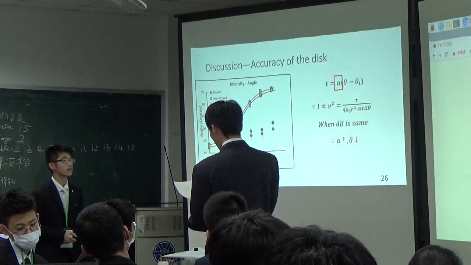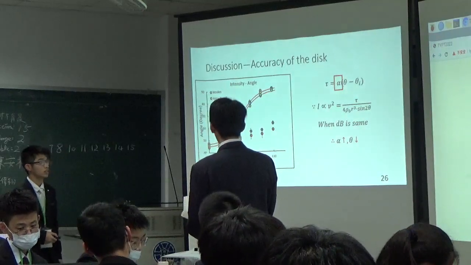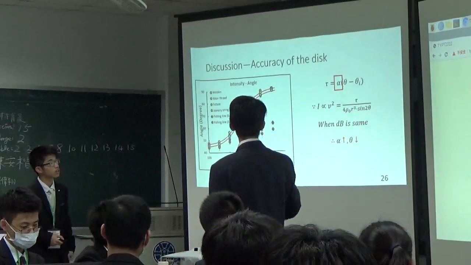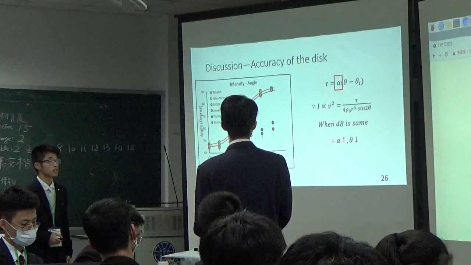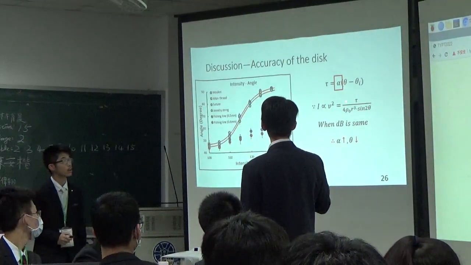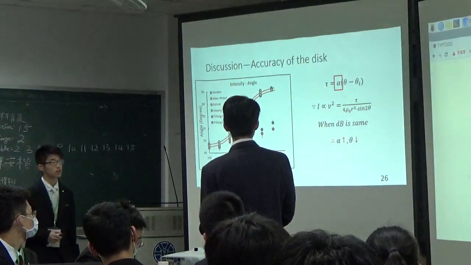Okay, so I want to discuss more about the accuracy of the disk. So the accuracy of the disk, you say it is the alpha value. Can you explain the alpha value again? This alpha is torsion constant. Oh, this alpha is torsion constant. And also the tau here is the torque, right? Yes. Okay, so I understand now.